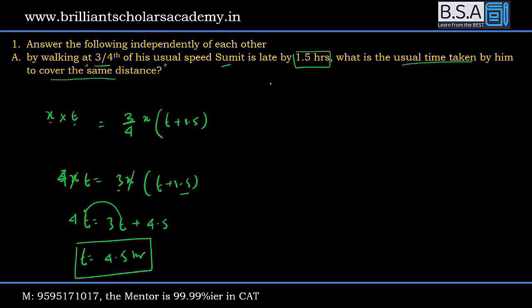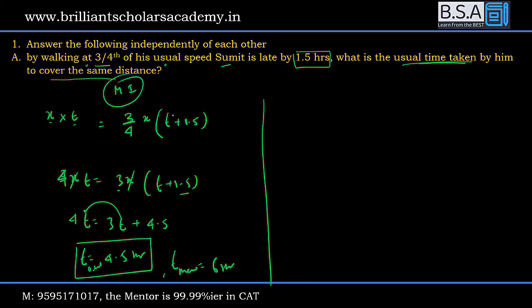That was the question. What is the usual time taken? Usual time is t. What is the delayed time? What is the new time? 6 hours. You can answer both. You can find both delayed time and the original time as well.